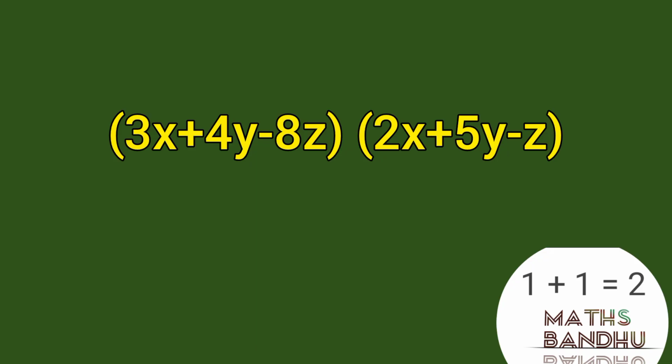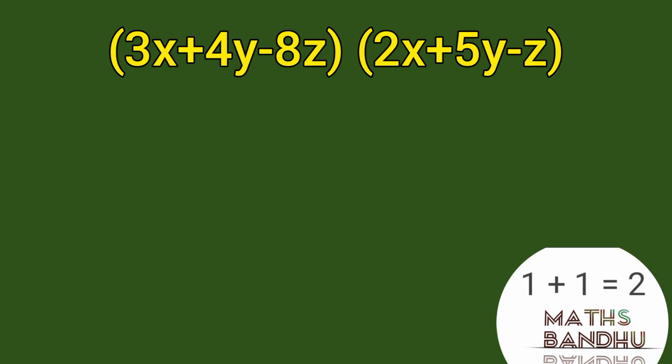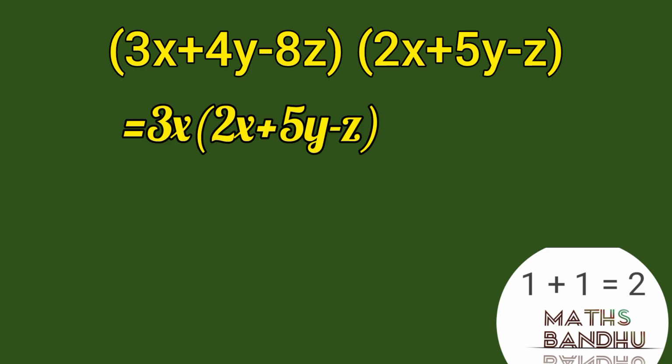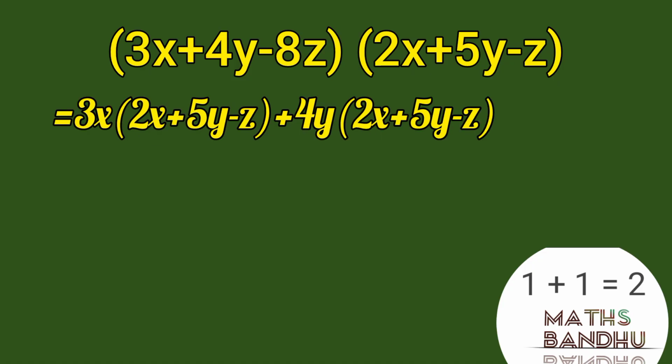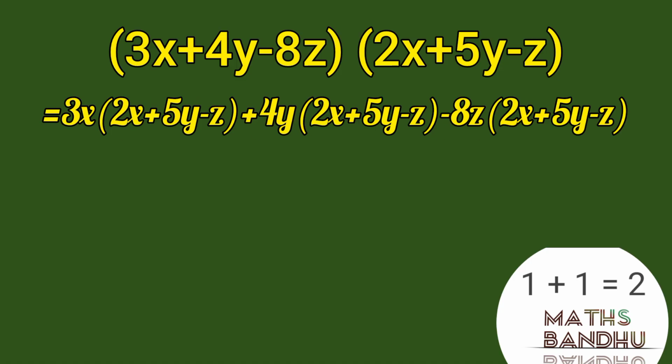So what is the method? For that we will be taking out each term from the first bracket. The first term is 3x, and you are going to multiply it with the entire second bracket like this. Now you are going to do the same thing with the next term, but you have to take out the sign. So plus 4y will be plus 4y only, multiplied by the second bracket itself. Then the third term is minus 8z, so it will be minus 8z multiplied by the entire second bracket.